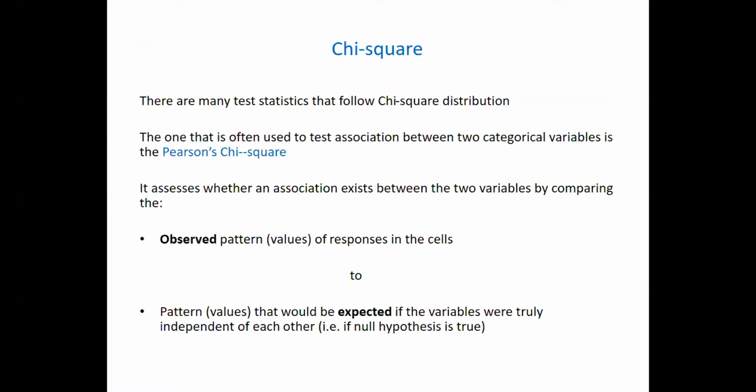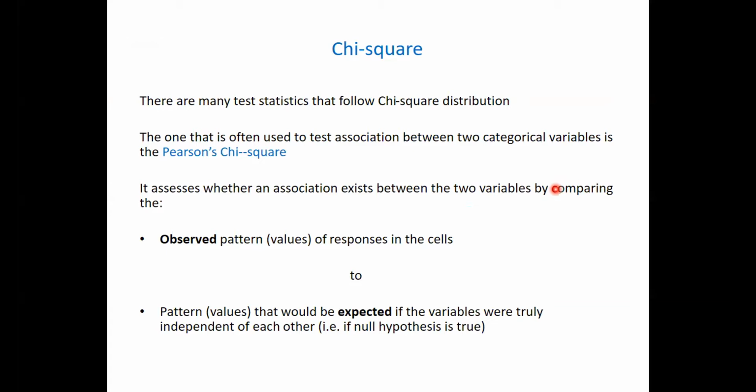Now, there are many test statistics that follow the chi-square distribution, as I told you. The one that is most frequently used is the Pearson chi-square, named after the person who first described it. What does it actually do? It serves as the basis for understanding many things about chi-square.